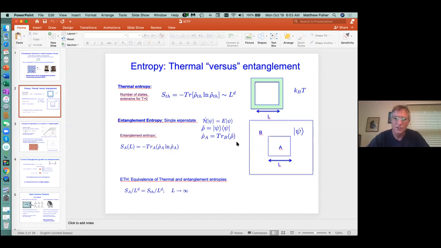One looks at the reduced density matrix by integrating out the regions of the system outside of some subsystem A, and defines an entanglement entropy, which measures the entanglement between the quantum degrees of freedom in A and those outside of A in region B. For equilibrium thermodynamic systems, the eigenstate thermalization hypothesis says that the thermal and entanglement entropies are essentially equivalent, at least in the thermodynamic limit.